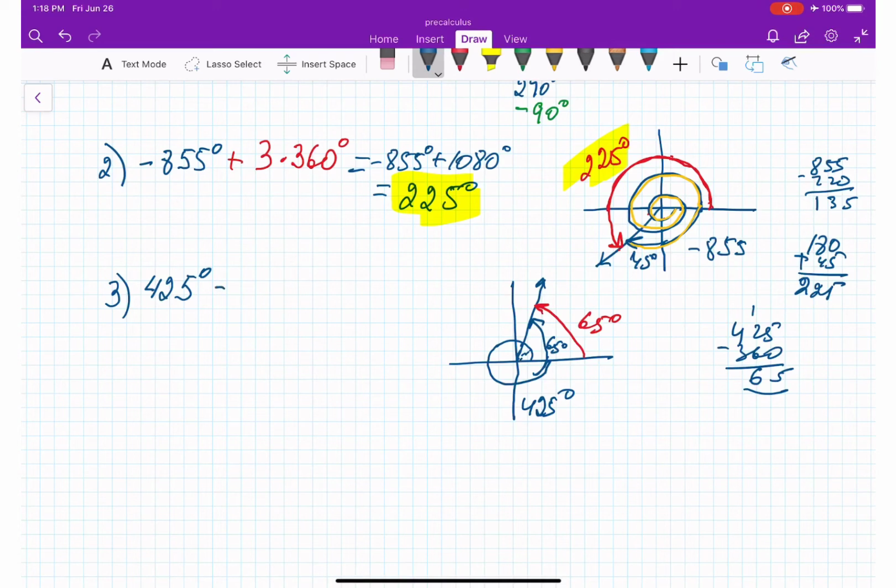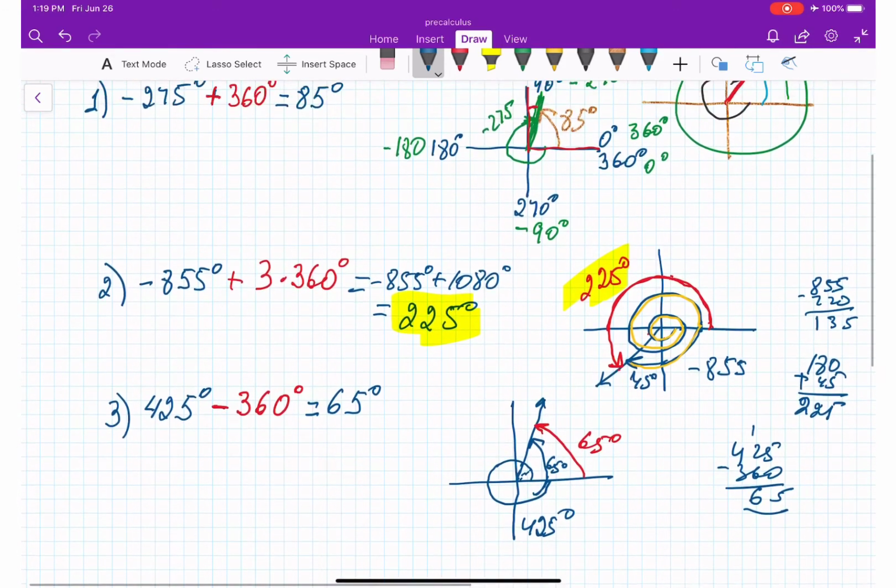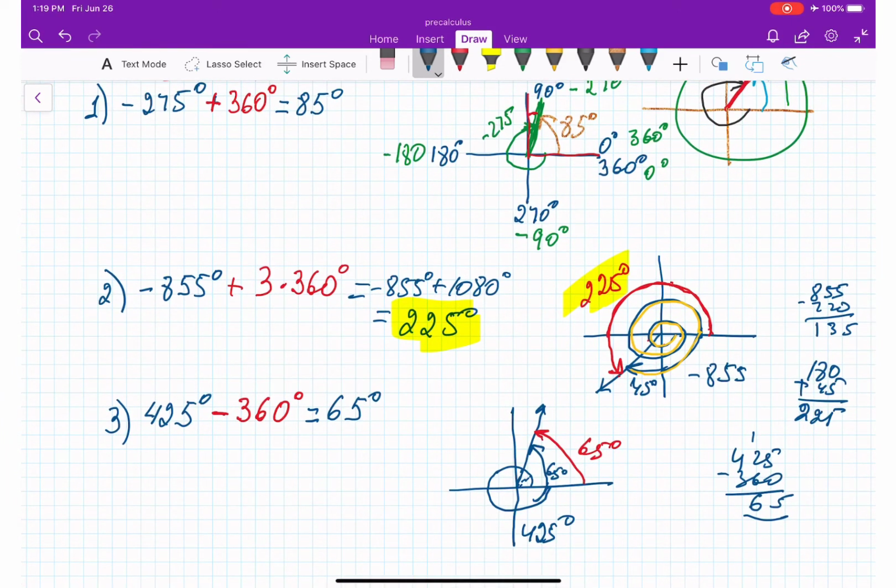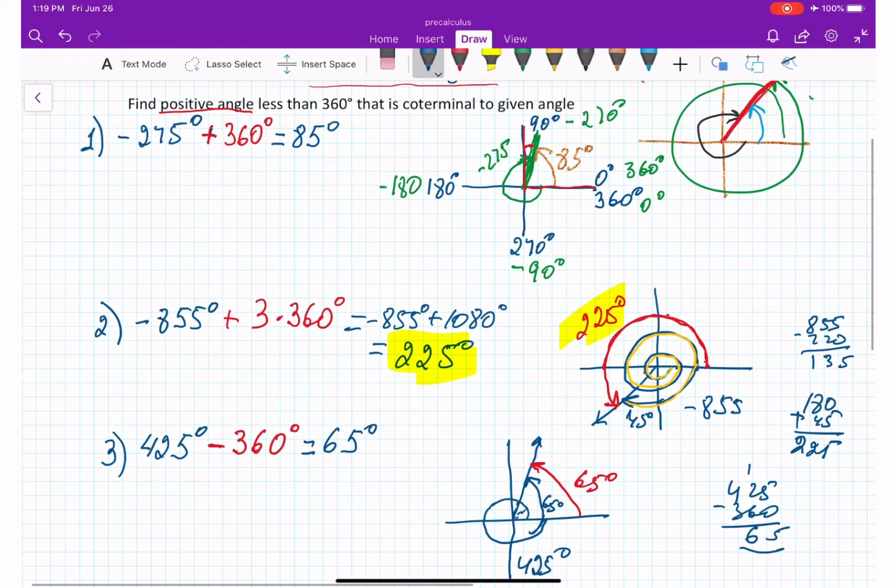If I do minus 360 degrees, how much will I get? That's right, precisely 65 degrees. Okay, remember one thing: if we are looking for a positive angle less than 360 degrees, then if the degree is negative, you have to add.